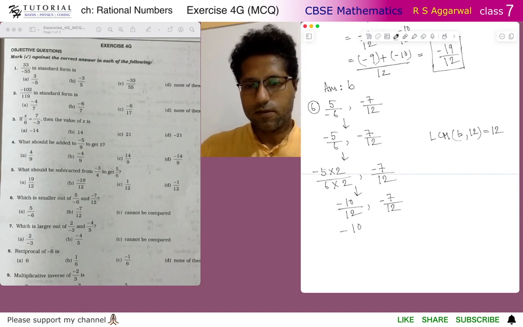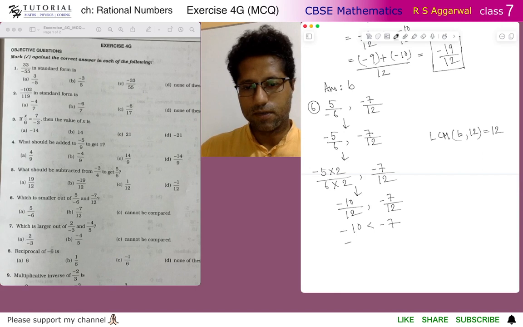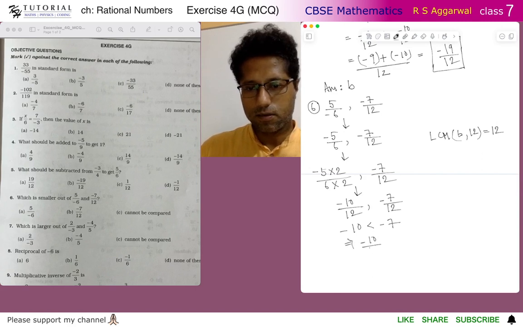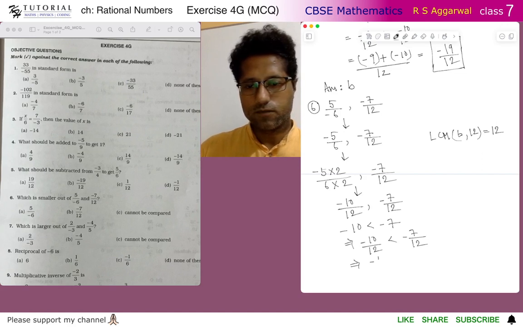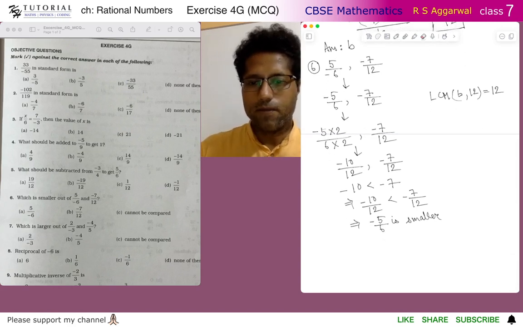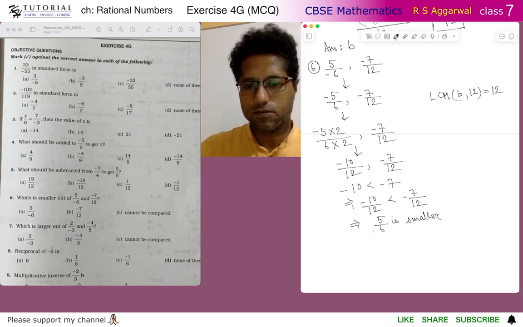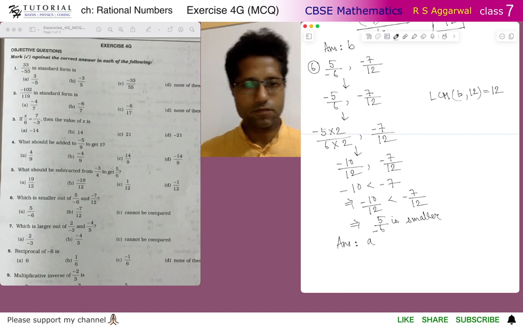Since minus 10 is less than minus 7, this implies minus 10 by 12 is less than minus 7 by 12. This implies minus 5 by 6 is smaller. So minus 5 by 6 is 5 by minus 6. 5 by minus 6 is smaller. So the answer will be A.